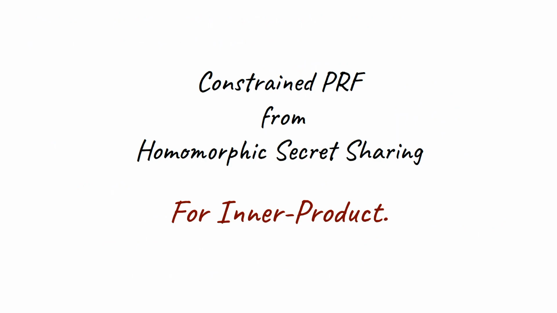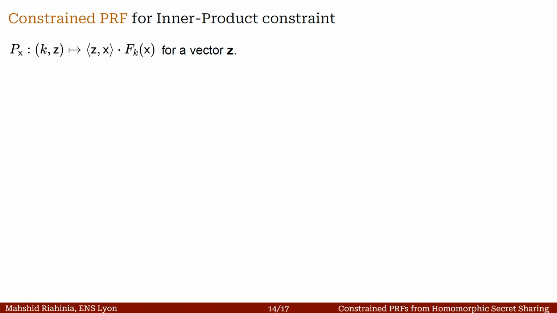So it turns out that this simple observation is actually helping us to solve the problem of constrained random functions for inner product constraints. For inner product constraints, our program changes to this. We have a vector z, and the program evaluates to the inner product of z and x times fk of x. And the adversary should be able to compute the function on inputs that are orthogonal to this vector z.